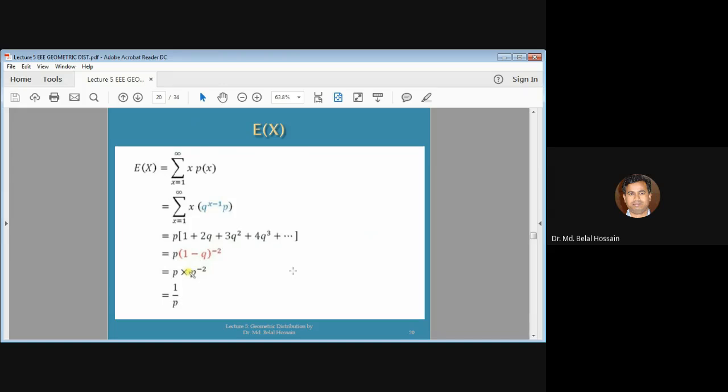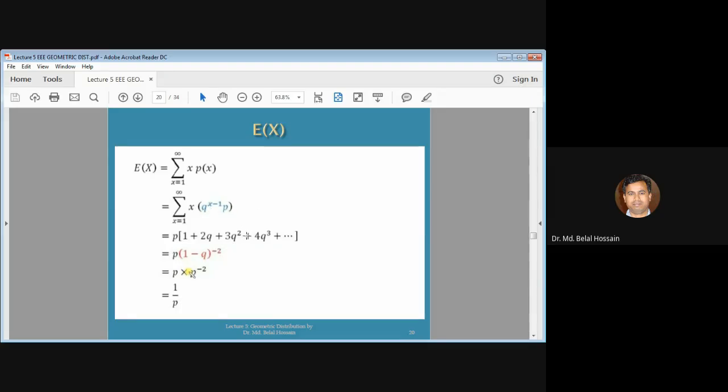When you want to find the expected value of x, that is mean of x, you know how to calculate it, that x equals 1 to infinity x into px. Px এর মান হচ্ছে p into q to the power x minus 1. পাই into 1 minus pi মানে হচ্ছে q, 1 minus p মানে হচ্ছে q. So q to the power x minus 1 লিখলেও আপনি অবাক হবেন না যে p is 1 minus q.